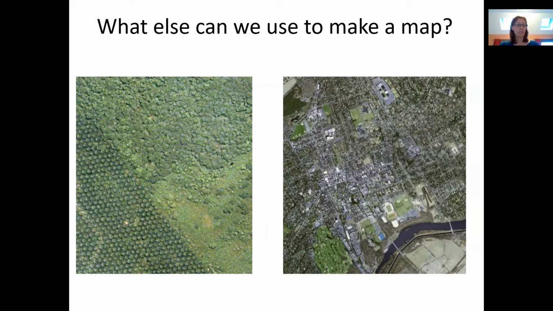So textural differences are another example of how you could identify particular features. The one on the left is an oil palm plantation. Very clear textural difference, right? Because you've got these rows of trees versus the native tropical forest next to it. It just looks very different.